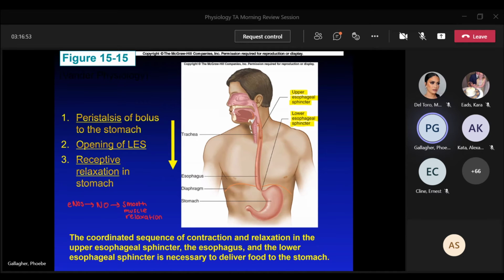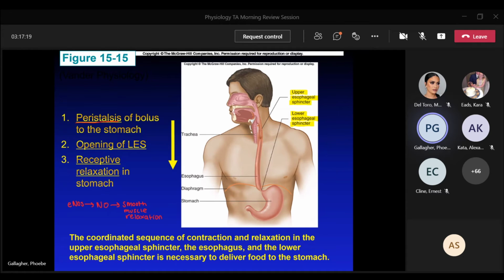Okay, so for a food bolus to go from your mouth down to your stomach, you're going to have peristalsis. Peristalsis occurs in your esophagus through the contraction and relaxation of the esophagus in a coordinated manner. But the first step is that you open up the upper esophageal sphincter, and then through peristalsis, it gets pushed down.